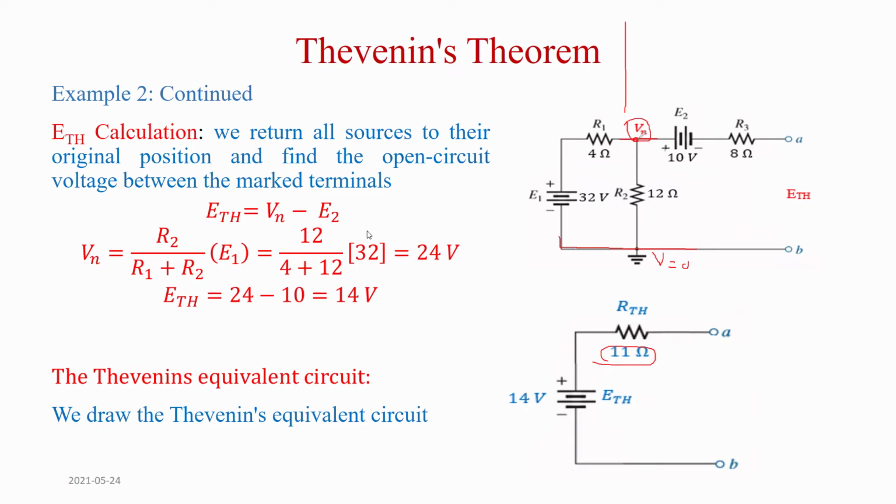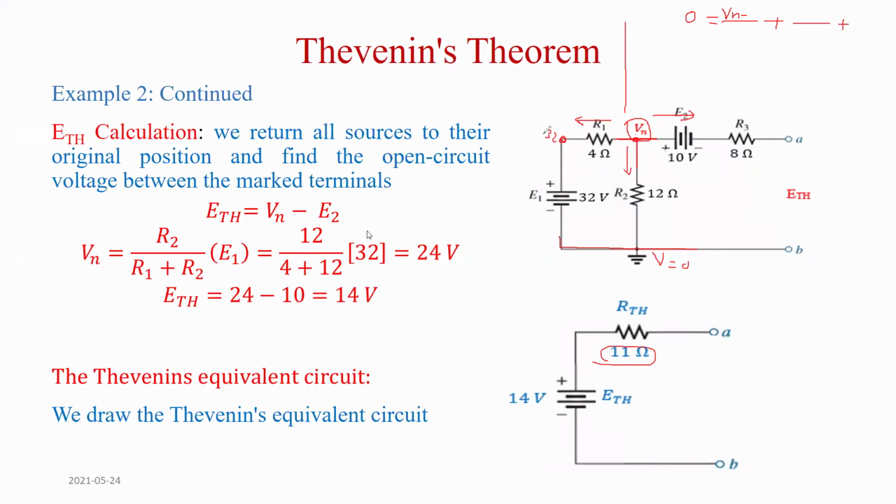There are 3 branches connected to this node, right? Okay, I'm gonna assume the currents are leaving here and here and here. So the entering current equals 0, the leaving current, there are 3 of them. So the first current going this way is Vn minus the voltage here, 32.